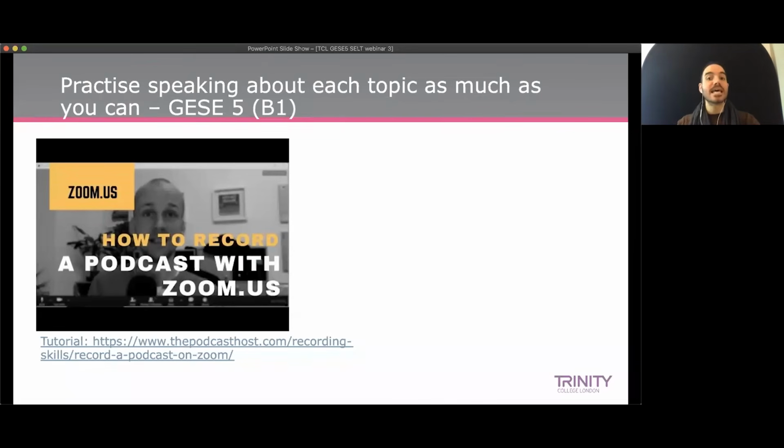You can use the same platform to connect with the other person, or maybe you can use something like Skype or WhatsApp or whatever you use to communicate with your peers, with your friends. You can use that to record a conversation about a subject.